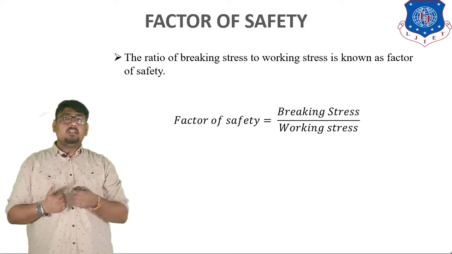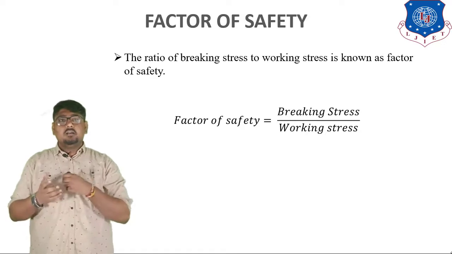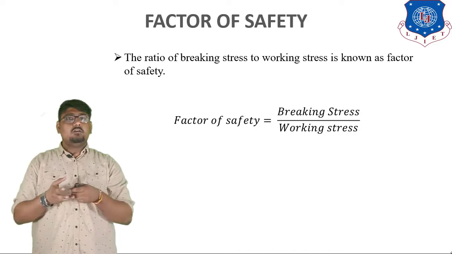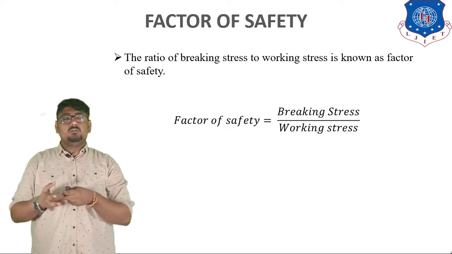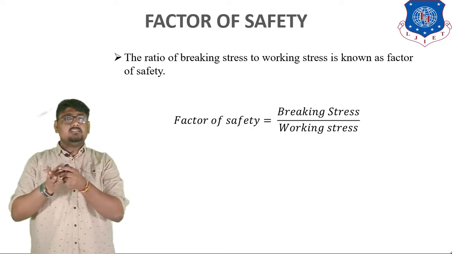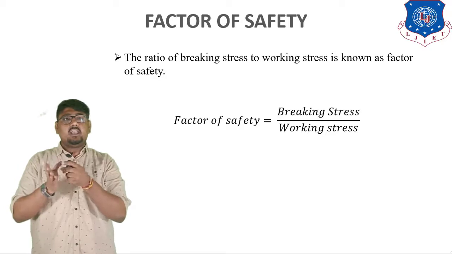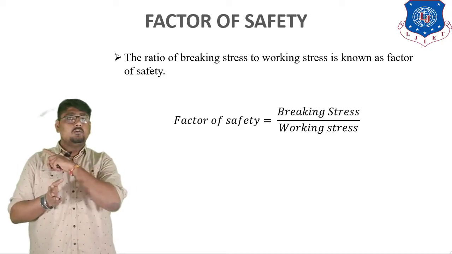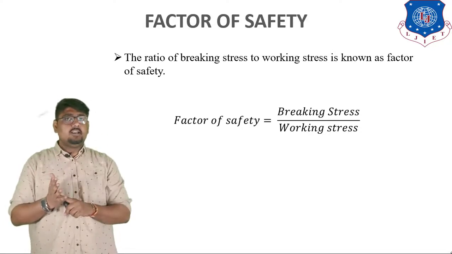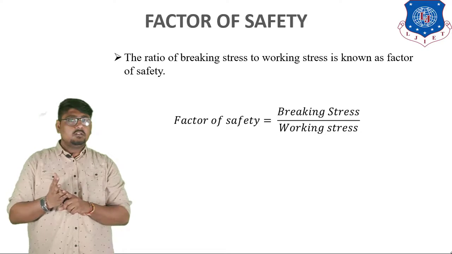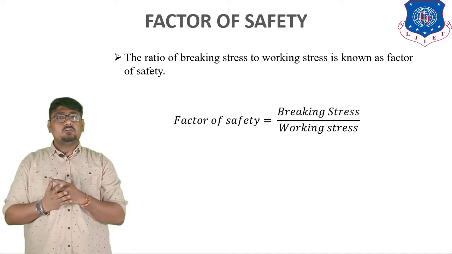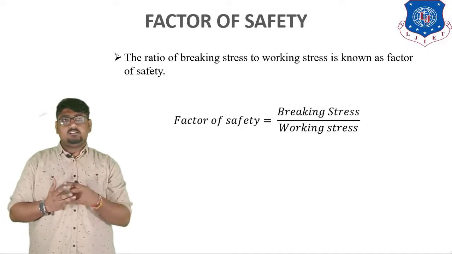So because human lives are involved, the designer will make sure that the lift will not fail under such conditions. So at that time, a higher factor of safety is needed. It means the design is done so that it can carry 6 times more load than its rated load. If it is written that 480 is the rated load or working load, then it is capable of carrying 6 times or 12 times the load if the factor of safety is 6 or 12 respectively.